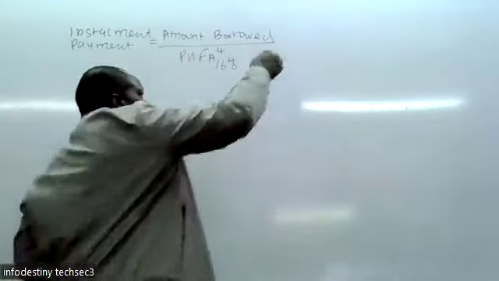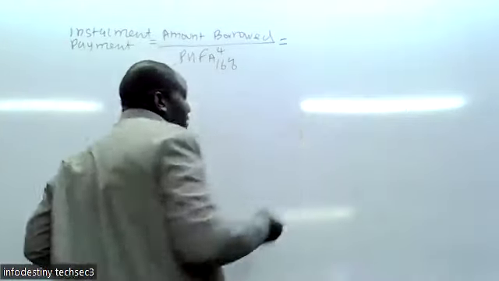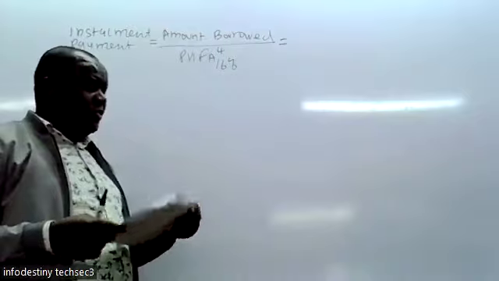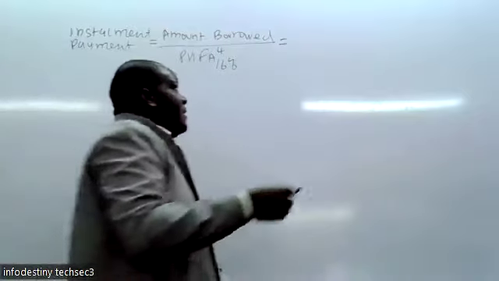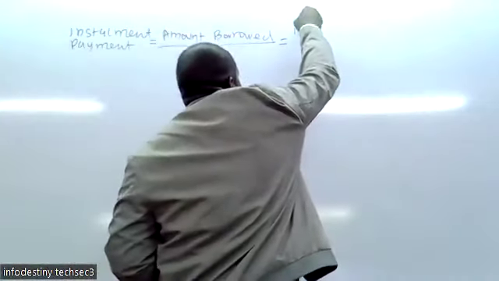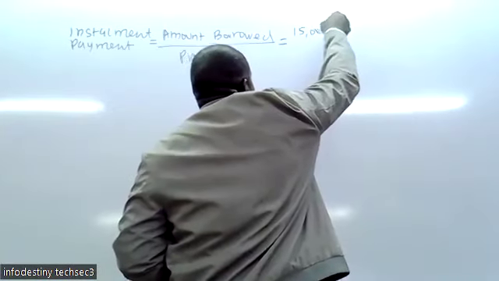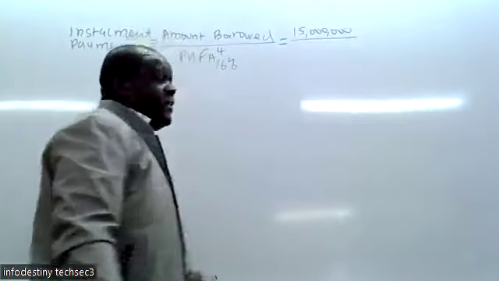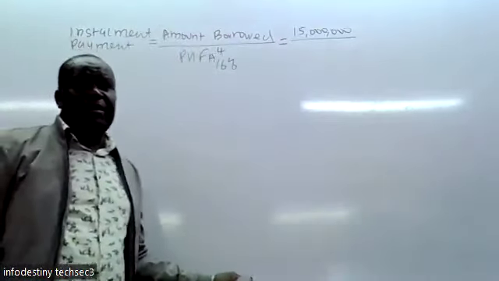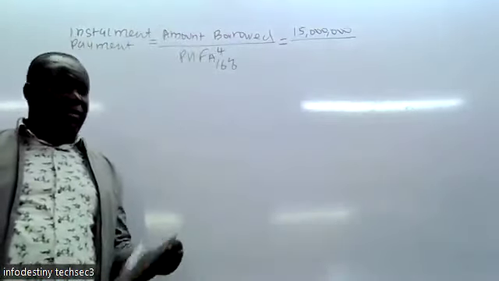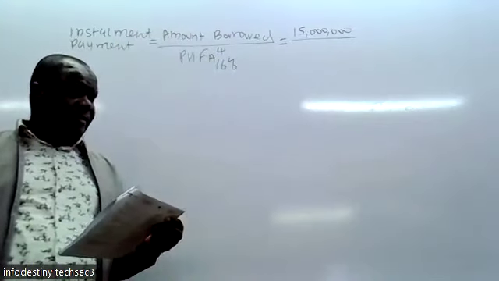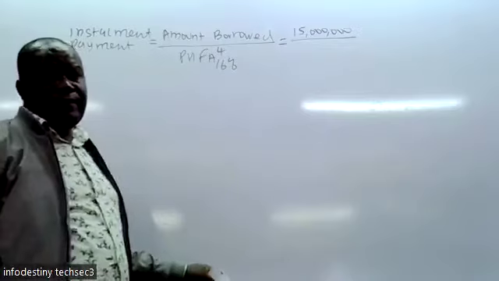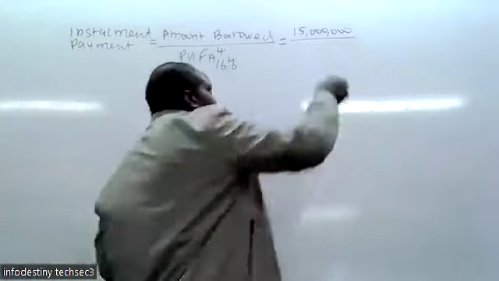Amount borrowed in the question is 15 millions. So now I would like you to check in that annuity table what is there as 16% in year 4. 2.798.